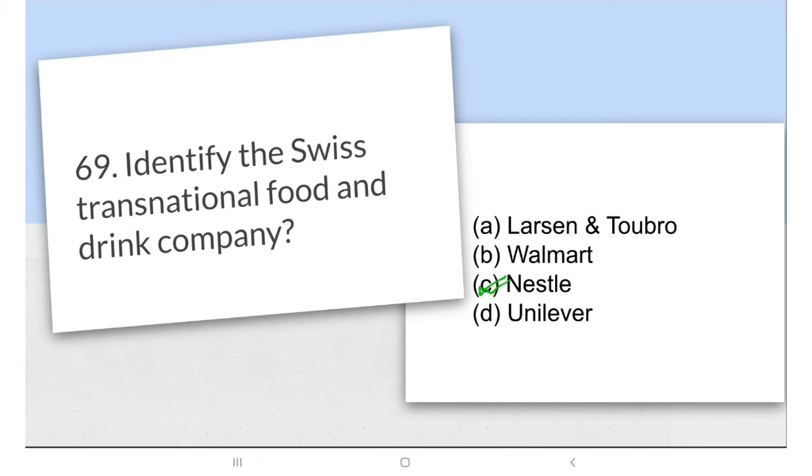It provides technological and information technological manufacturing products. And Walmart is an American MNC company. It provides super centers. And Unilever is a British-Dutch MNC company. It provides consumer goods. So the option is C, Nestle.